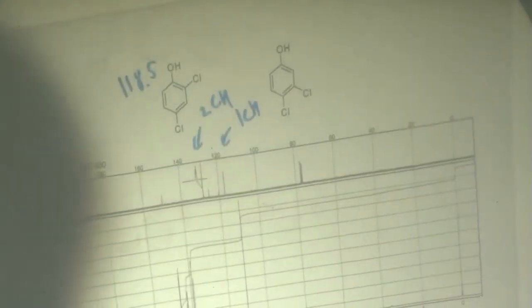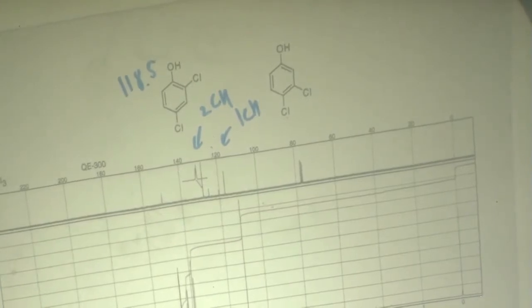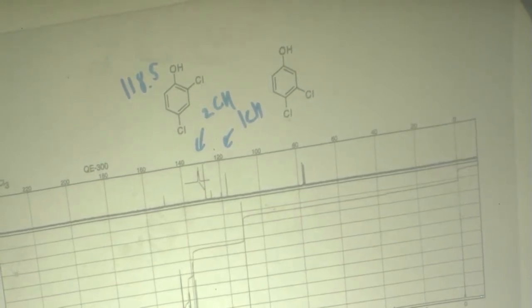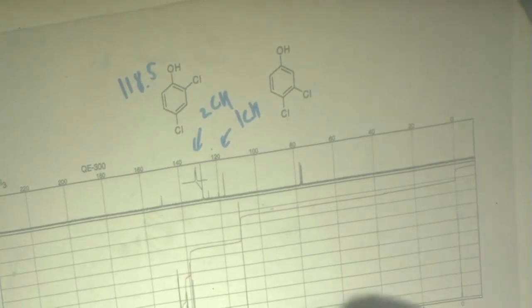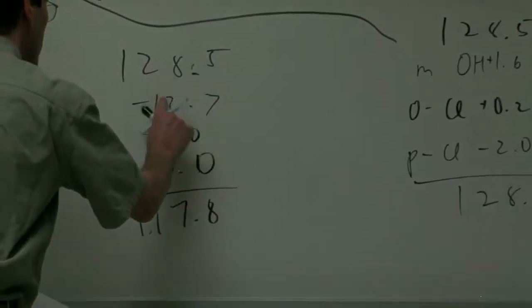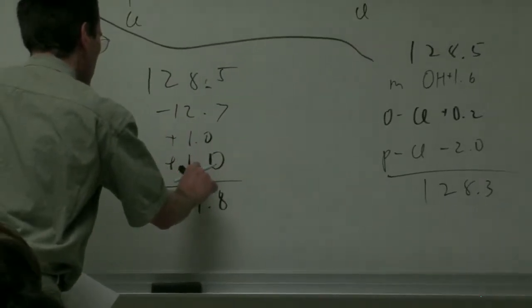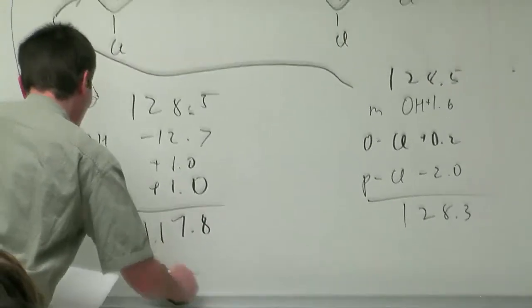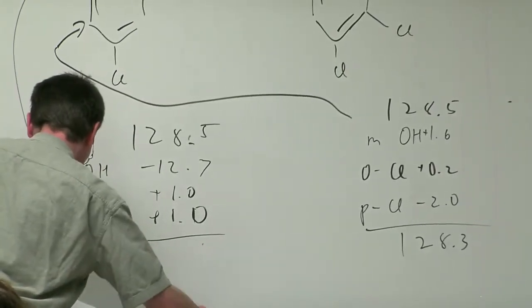And so we did 118.5 and, let's see, was that right? I don't know how I managed to tally things up wrong here. Let's see, 128, 129, 130. 118 point, what was it?